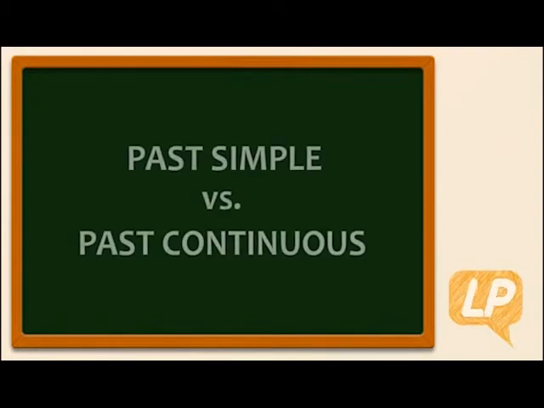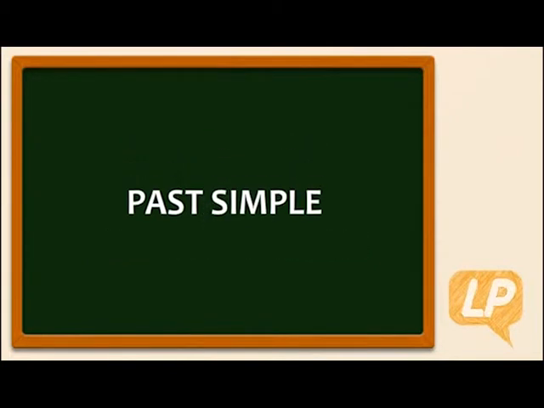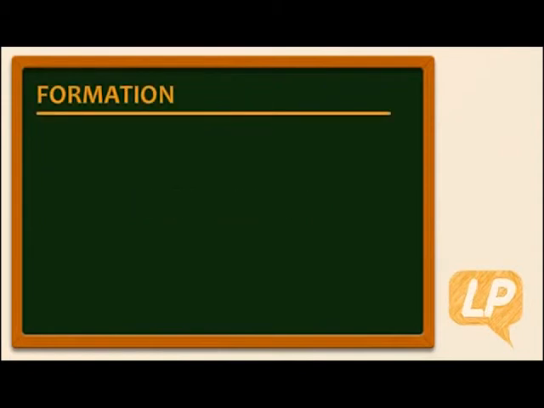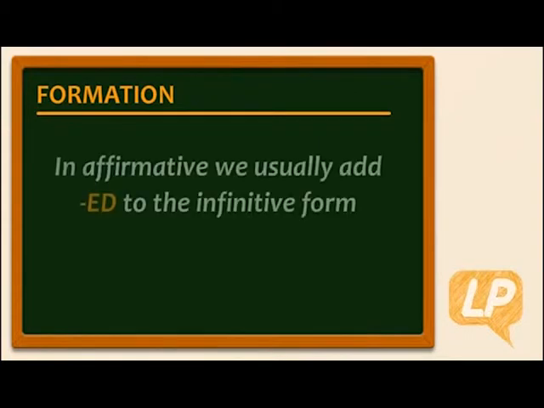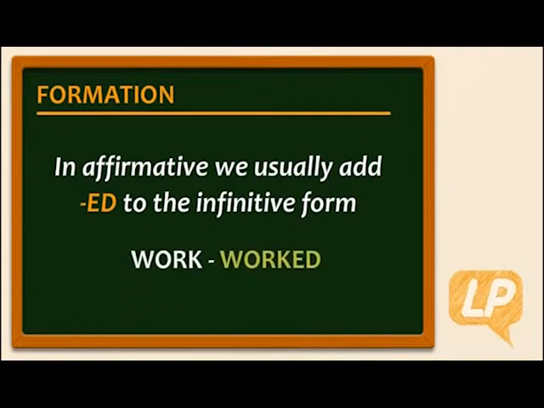Hi, today we're going to talk about the past simple versus the past continuous. Let's start with the past simple. To put a verb into the past simple in an affirmative sentence, we usually add ed to the infinitive form. Work, worked.